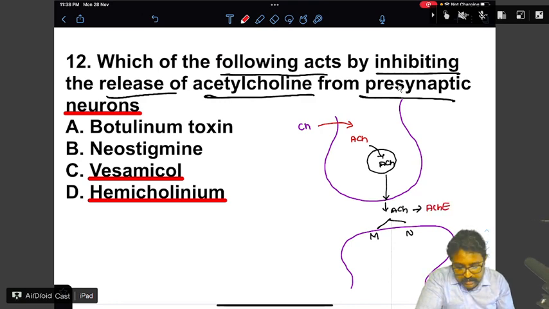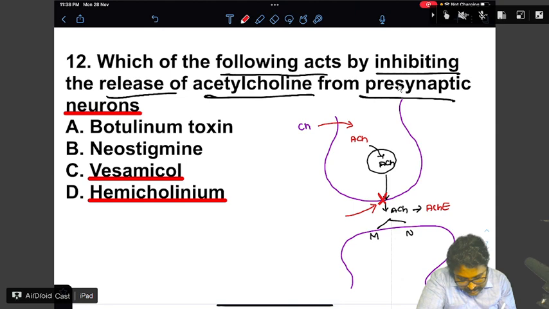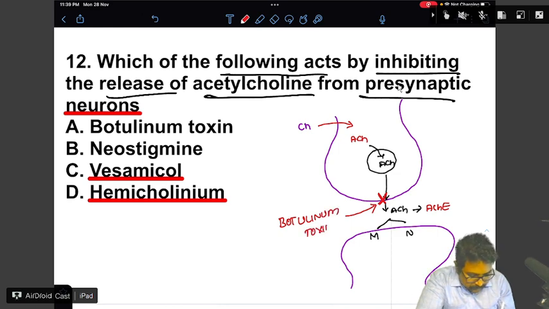So here they are asking for the drug which inhibits the release, that is, which inhibits this site so that acetylcholine will not be released. Please remember, the answer is botulinum toxin.